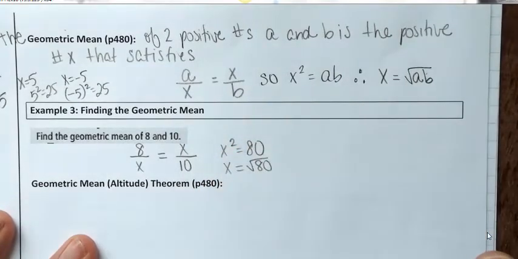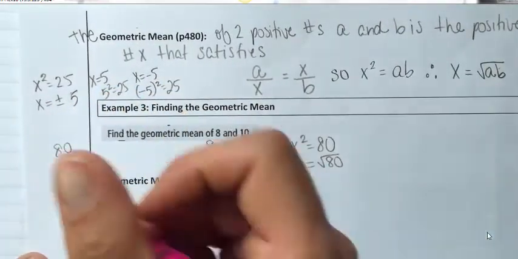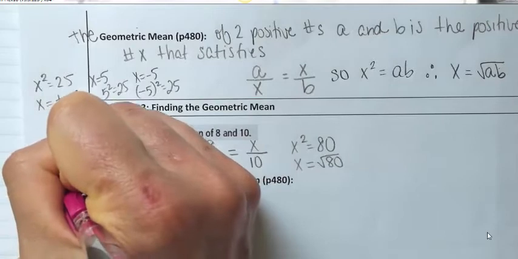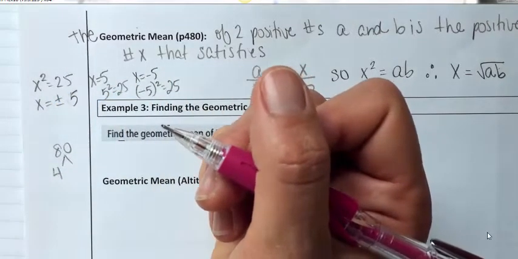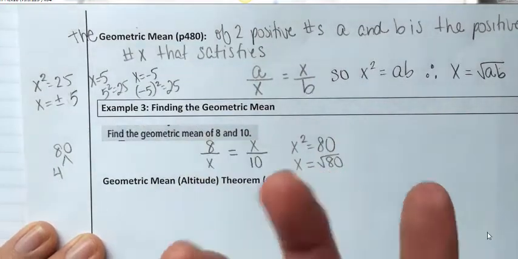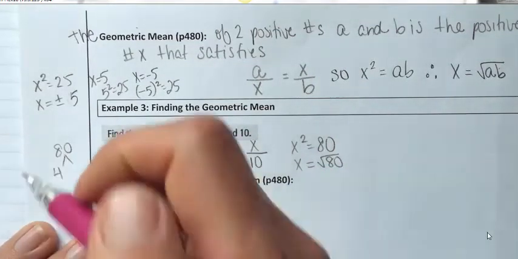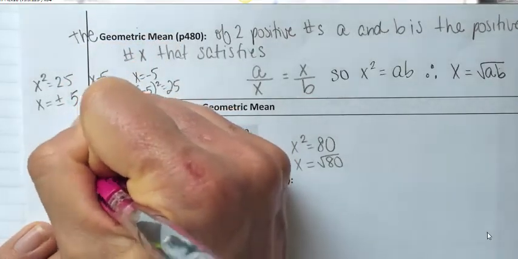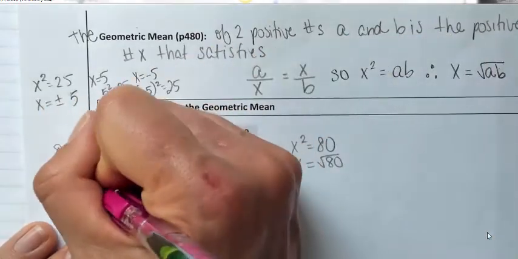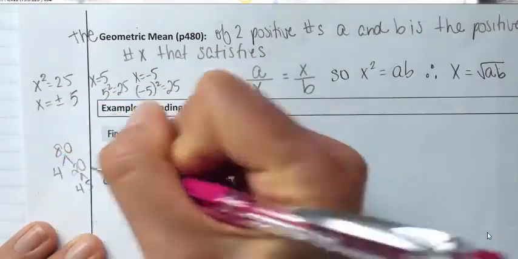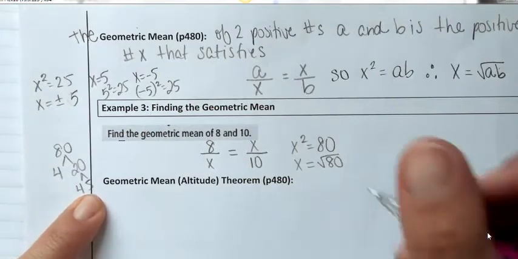So let's talk about factors of 80. I'll make a factor tree over here. Factors of 80, maybe you say to yourself 4, because I always try and look for perfect square factors. So 8 and 10, not really perfect squares. You could definitely do 8 and 10. But I always try and look for some perfect square factors, like 4. But then I'm still left with 20, which isn't a perfect square, so I'll factor that to 4 and 5. So you can see I've got the square root of 4 times the square root of 4 times the square root of 5.